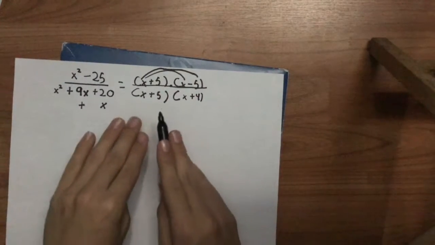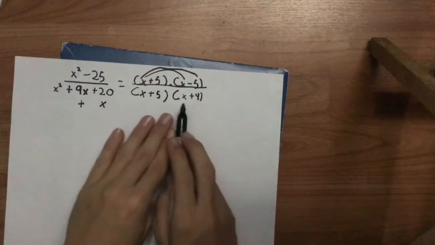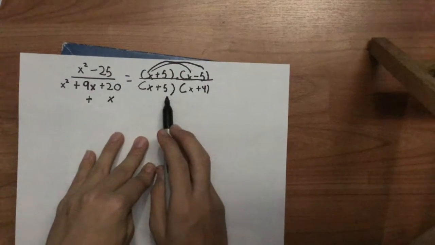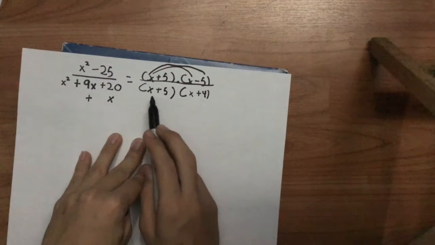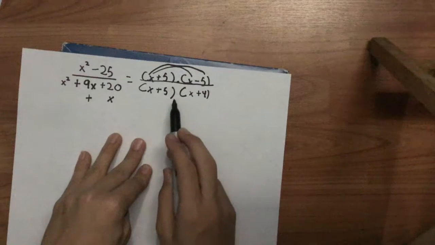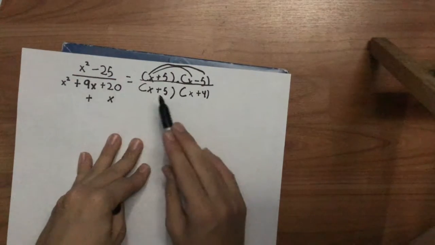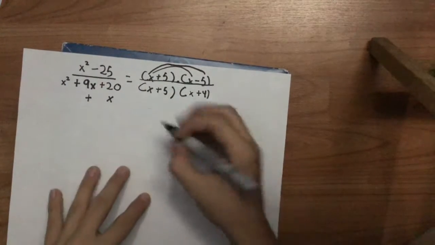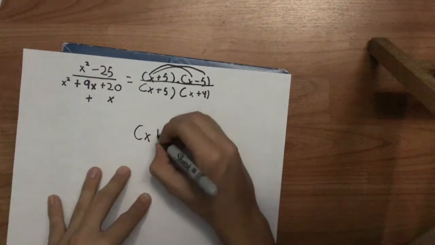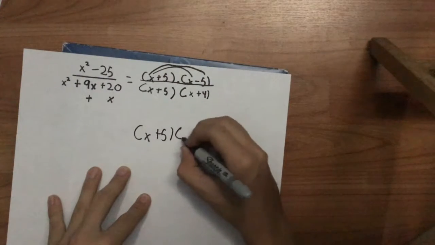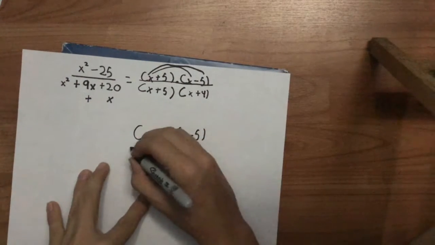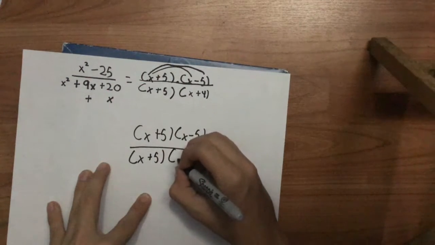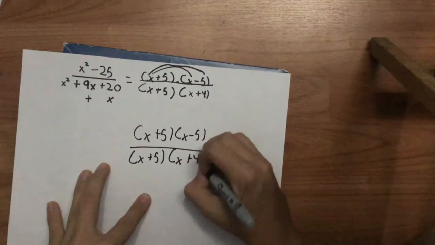And as you can see here, if we continue, x times x gives you x to the second power. Then 5 times x gives you 5x. x times 4 is 4x. If you add them up, it gives you 9x. Then 5 times 4 is 20. So now we have the expression x plus 5 times x minus 5 over x plus 5 times x plus 4.